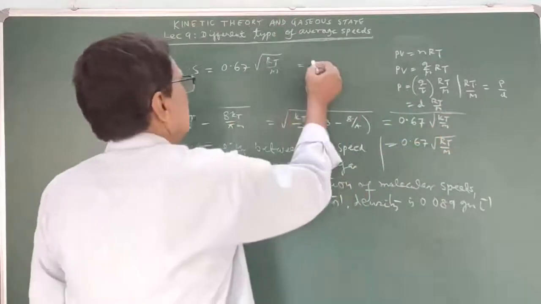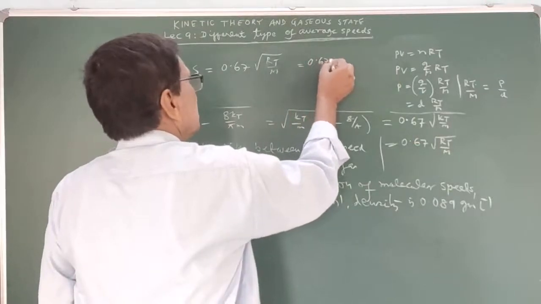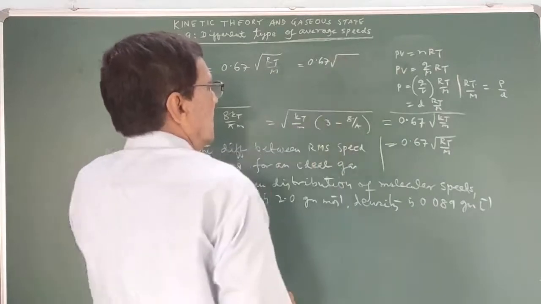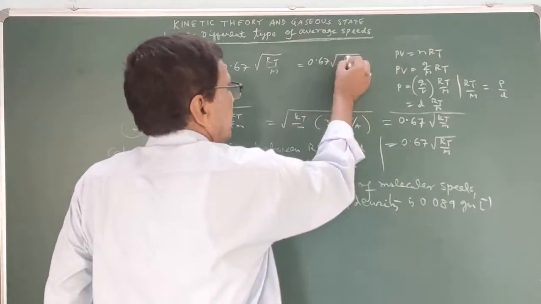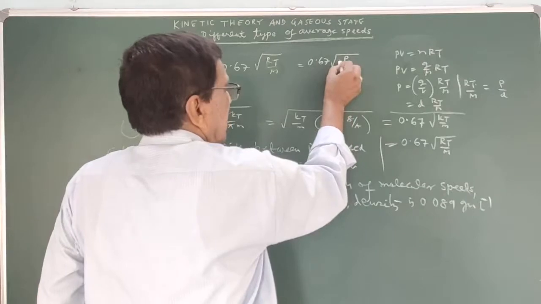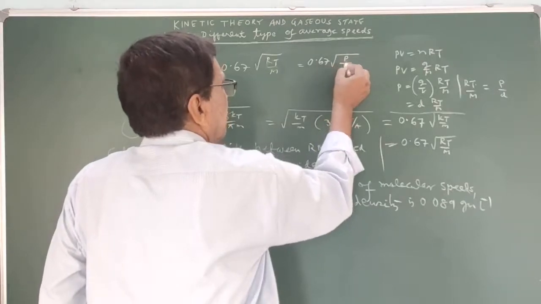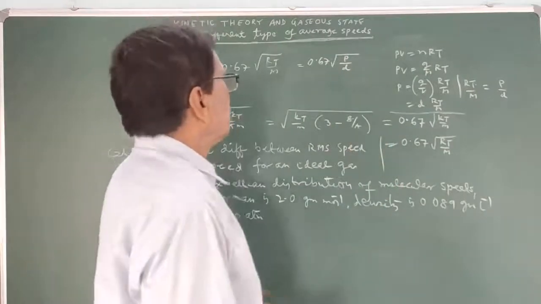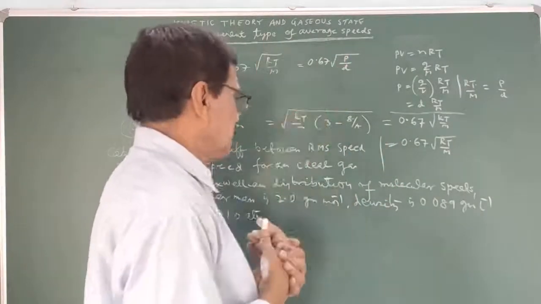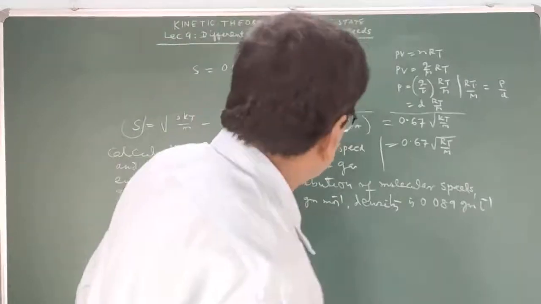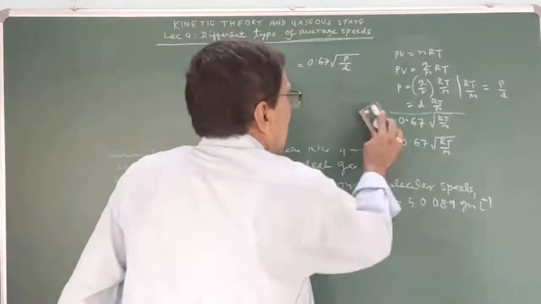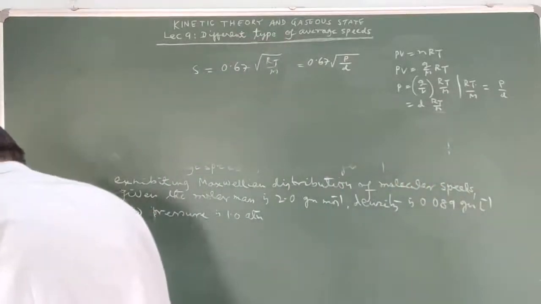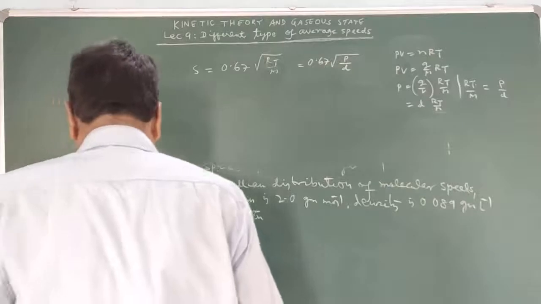So this will give you 0.67 into root over P by D. So pressure is given, density is also given. So you can calculate this value.